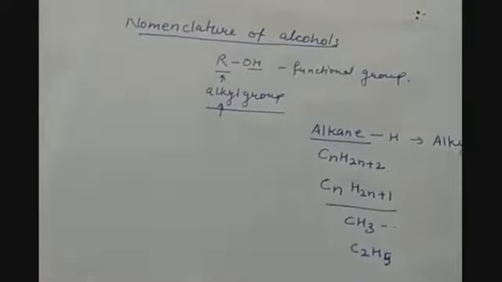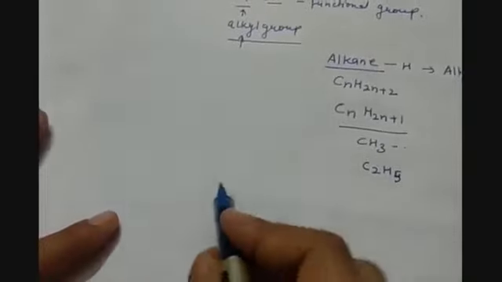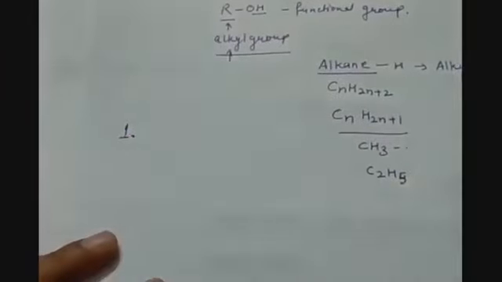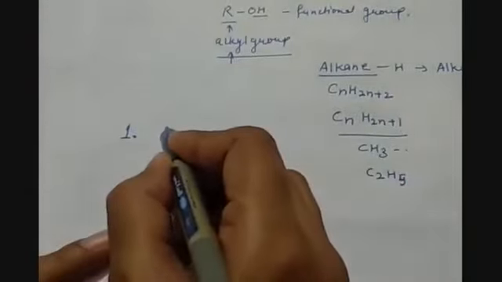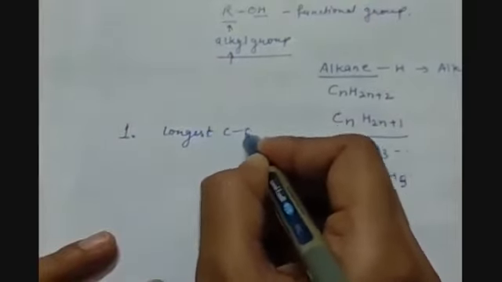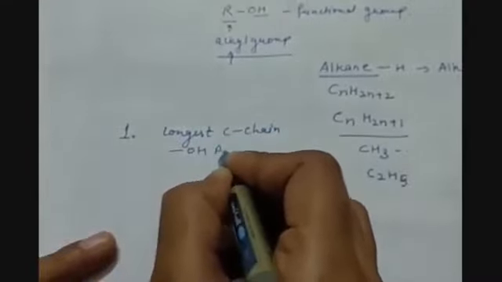As we have to focus on the naming of the functional groups, how do we move on? The first step is to find the longest chain containing the functional group. And what is the functional group here? OH. So we first find the longest carbon chain containing the OH functional group.